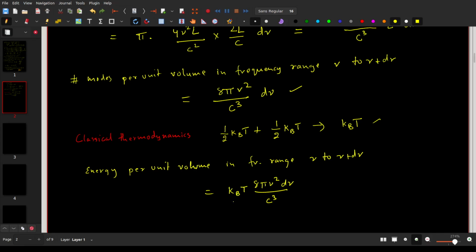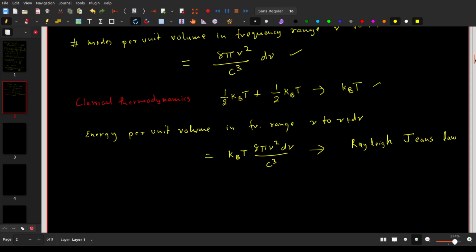This equation, which is derived from classical thermodynamics, is called Rayleigh Jeans law. And this is not valid in all frequency ranges. It is only valid when the frequencies are low.